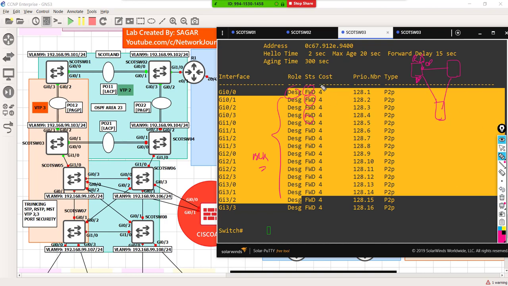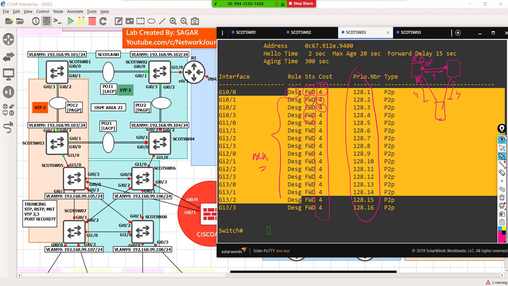Second, what are these cost values? These are nothing but the cost between these two interfaces. I'll tell you how we got these numbers. These are the cost values between each one of them. What is priority and what is port ID?